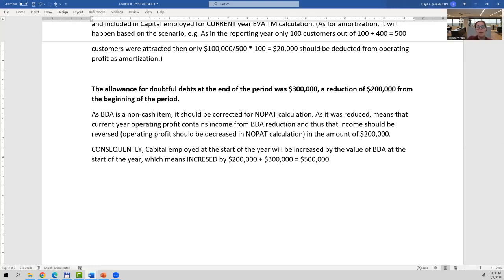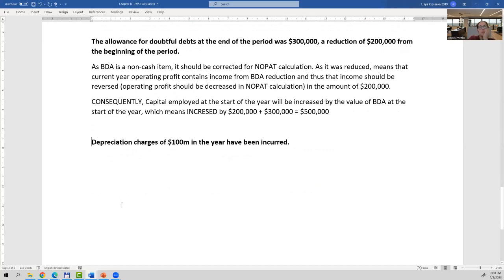Okay. Now, depreciation charges. Let us see. Example. Depreciation charges of 100 million in the year have been incurred. Okay, so what do we do? We say that we need to take accounting depreciation back, we need to add it back, and then we need to charge economic depreciation.